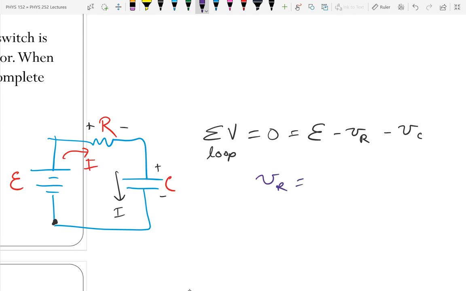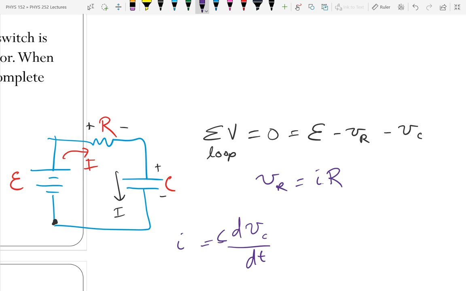V sub R is equal to IR. And we know that this relationship is going to apply, that the current flowing through that circuit has to be the same in everything because it's one loop. It's C dV/dt, where dV was the derivative of the voltage across the capacitor.